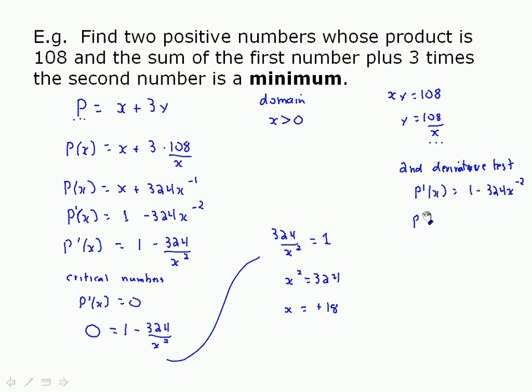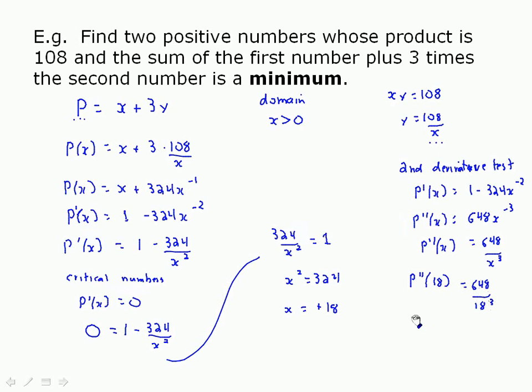When we get the second derivative, the 1 goes away, and then negative 2 times negative 324 is positive 648 x to the negative 3. So the second derivative in a more convenient form would be 648 over x cubed. So therefore, the second derivative at x is equal to 18 is equal to 648 over 18 cubed.